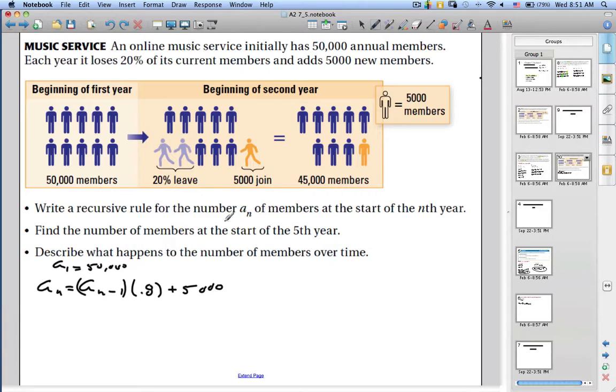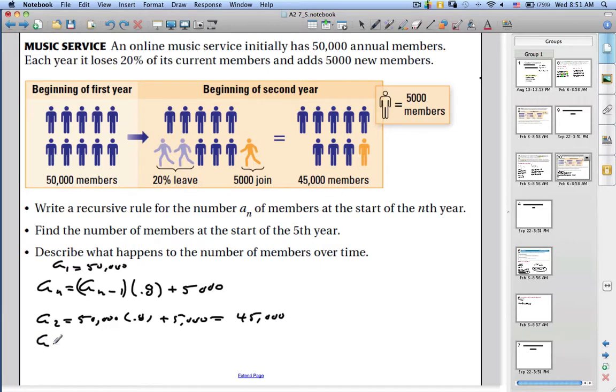Right? So now, if I want to go ahead and find out what happens at the start of the 5th year, let's go through. We know that a sub 2 will be equal to 50,000 times 0.8 plus 5,000. So 50,000 times 0.8, that's 40,000, plus 5,000 is 45,000.